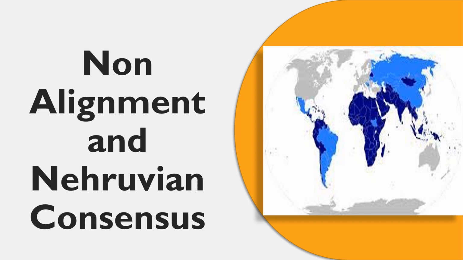Apart from putting the non-aligned foreign policy of India in the larger cultural and historical context of the Indian freedom movement, analysts invariably pay glowing tributes to the personal influence of Nehru on the thinking and conduct of India's foreign policy.